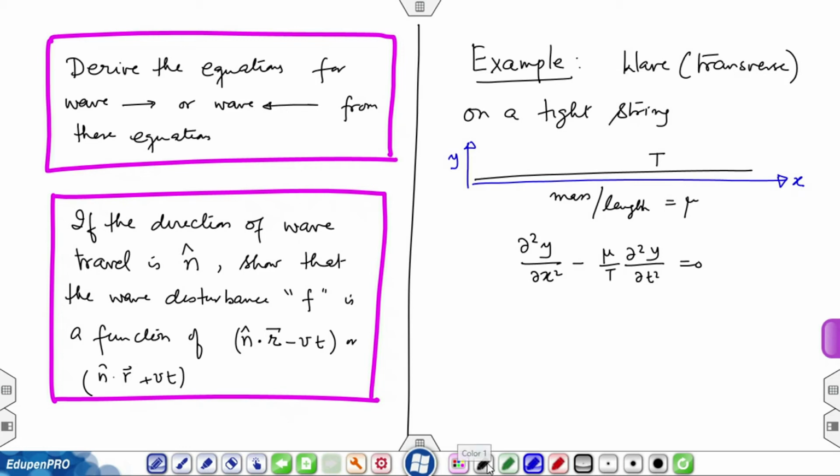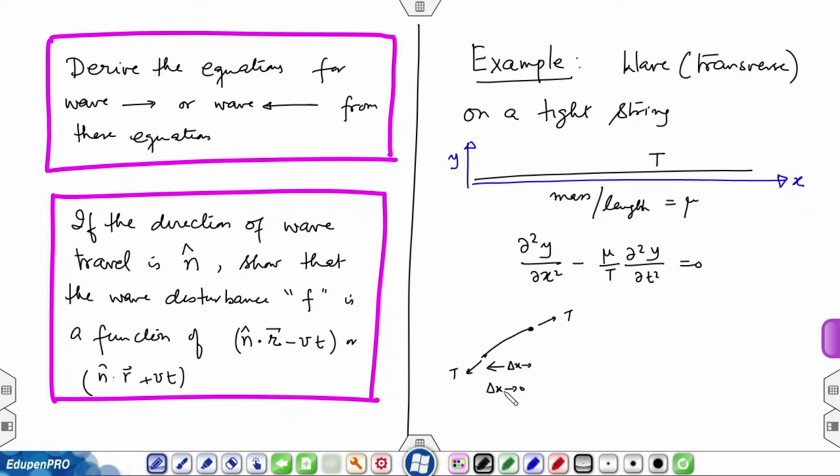So, what I want you to do now is consider a piece of this string of length delta x, with tension on both sides T, where delta x tends to 0.